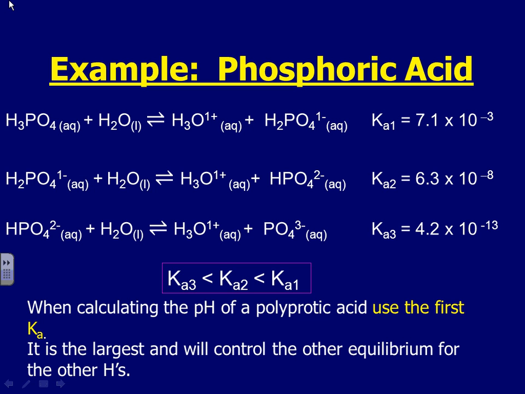And for that hydrogen phosphate, that last one to fall off, 10 to the negative 13. Very, very, very weak. Here we've got a description of the trend. The K3 is less than the K2, less than the K1.